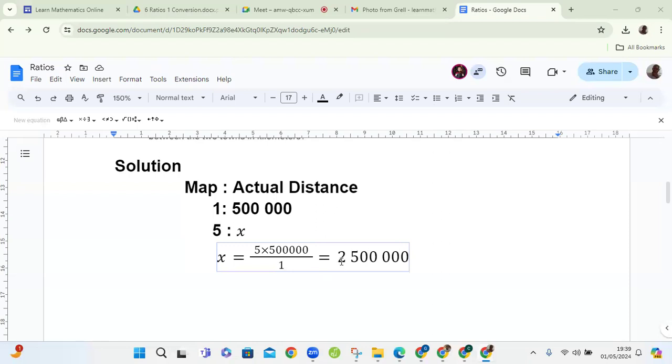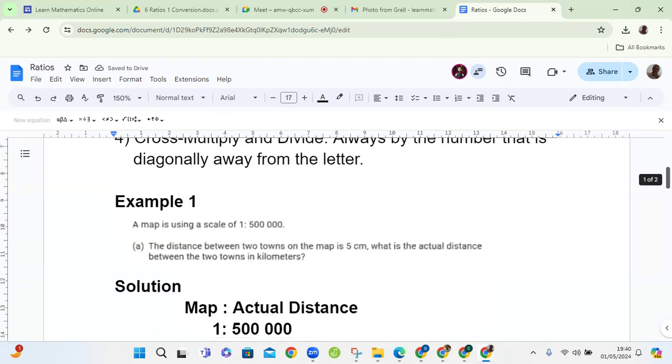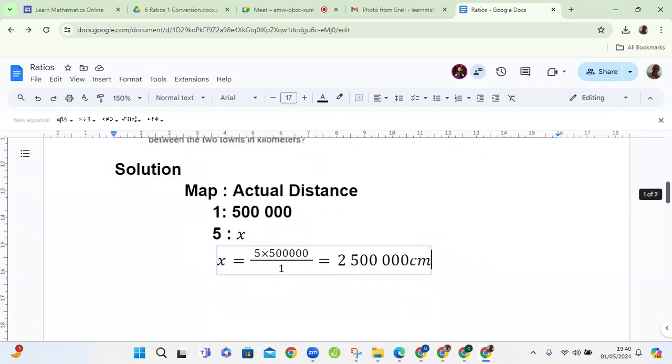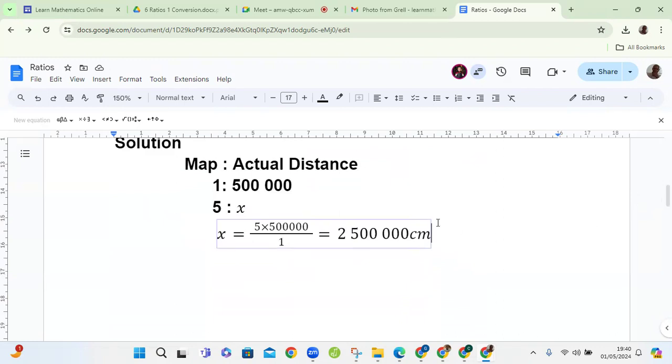So that will be 2,500,000 centimeters. Now, if you take a careful look at the question, it says your answer has to be in kilometers. So it's another ratio question again to convert the centimeters to kilometers.